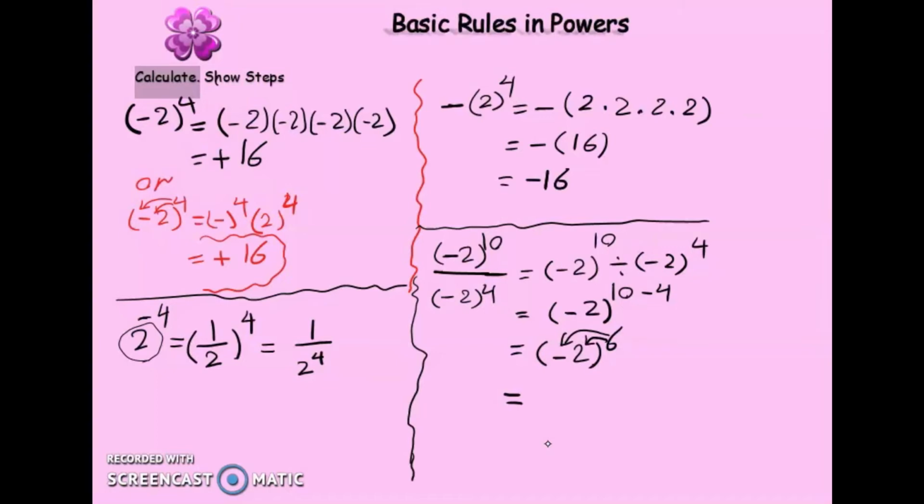Negative should be raised to the 6, and 2 should be raised to the 6. If you multiply negative 6 times, you will end up with a positive sign, and 2 to the 6 you can just leave as 2 to the 6. You don't need it, though it would be 64, but it's enough. This is the final answer.